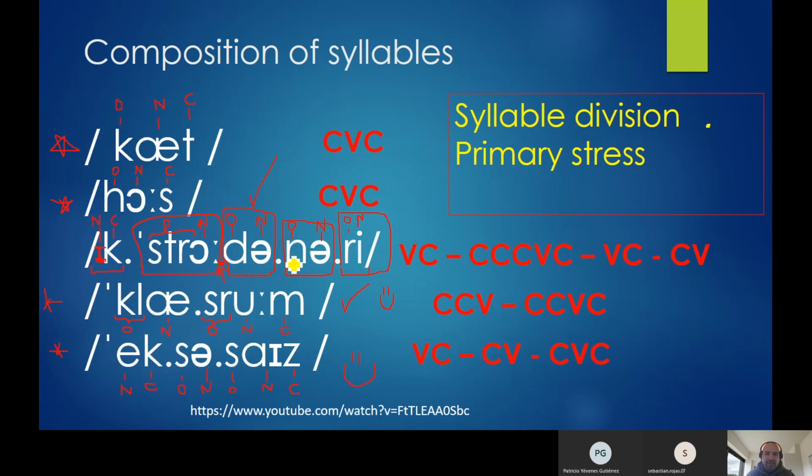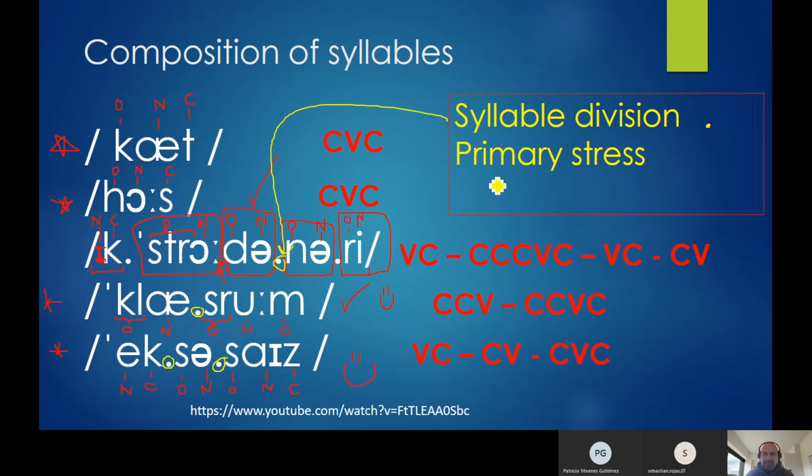Here is the syllable division. Right here in exercise, we see two dots expressing this syllable division. That's how we show, when we're transcribing, where one syllable ends and the next one starts.